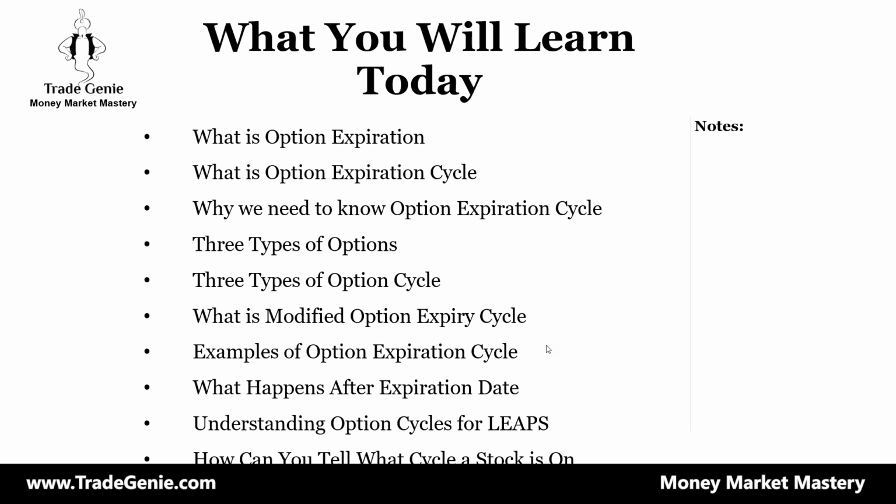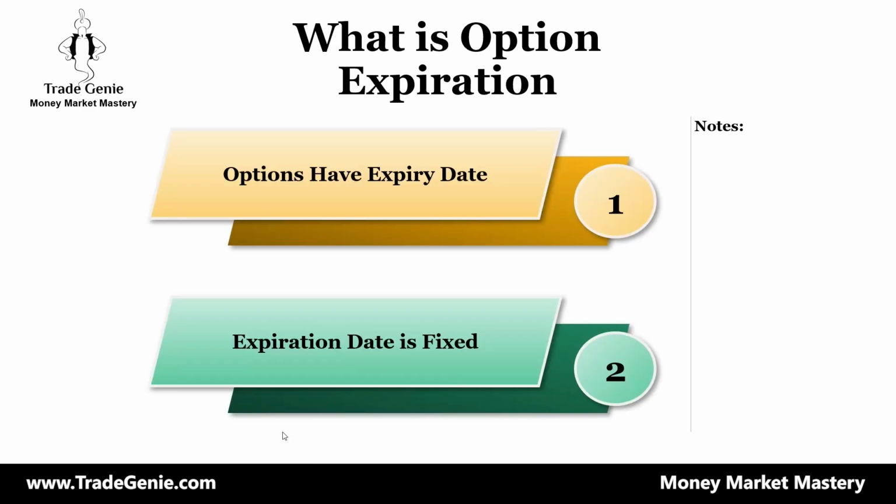I'm going a little faster. So what is an option expiration? Options have an expiry date. All options expire, whether you have the right to buy or the right to sell. It's not forever; there has to be some expiry. All good things come to an end. Just as there's a maturity date for bills, notes, bonds, mortgage notes, etc., options have an expiry date.